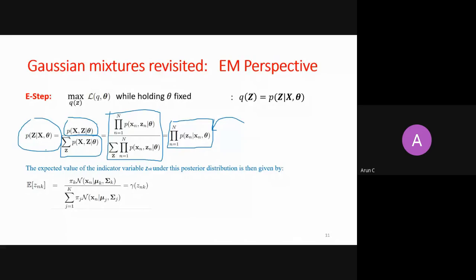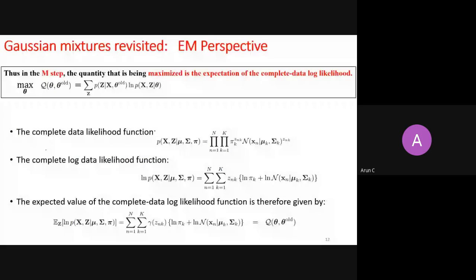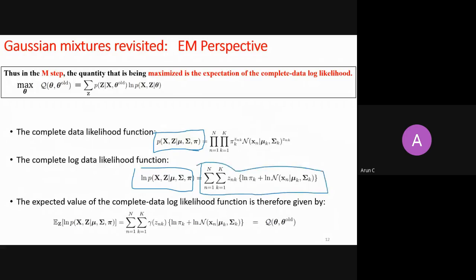Once you know this, you have this in the log complete likelihood function. When you take a log of this, you have this form.